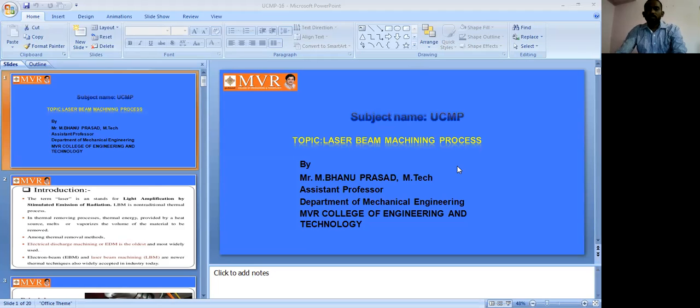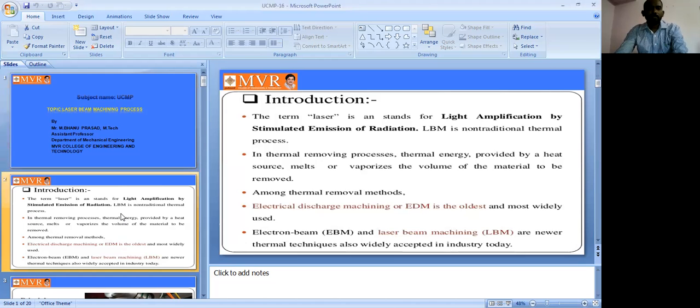In our previous lecture we discussed the mechanism of the laser beam machining process, and the metal removal process in LBM. These two topics we discussed yesterday. But today, first of all, we will discuss what the laser beam machining process is.